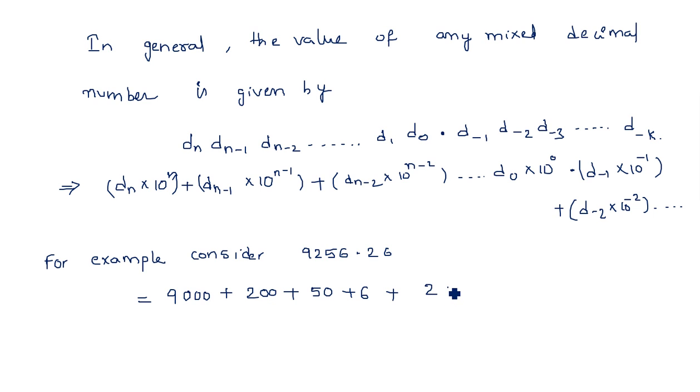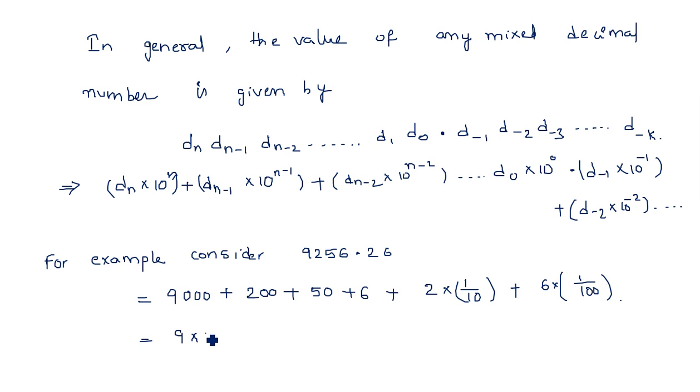Plus 2 into 1 by 10, as this 2 is after the decimal, in the first place, plus 6 into 1 by 100 as it is in the second position.